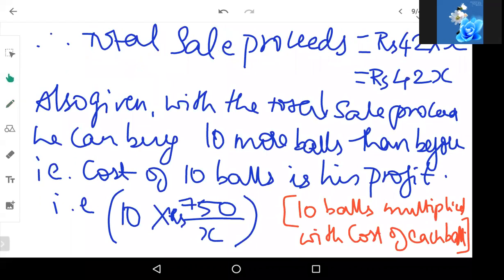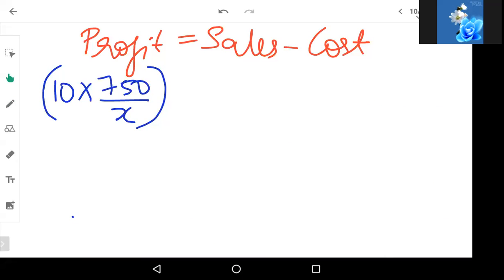Okay, and what is the sales? Sales is 42x. Okay, and what is the cost? He had paid 750 rupees to buy the balls. Correct? So profit is equal to sales, 42x, minus 750.